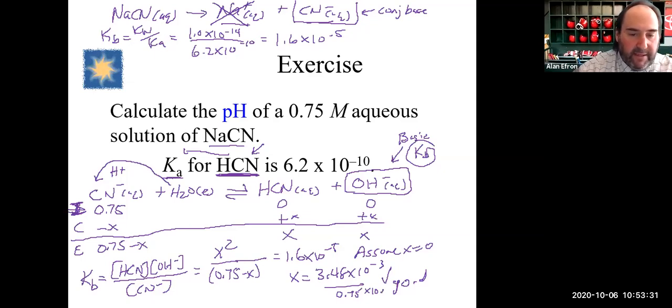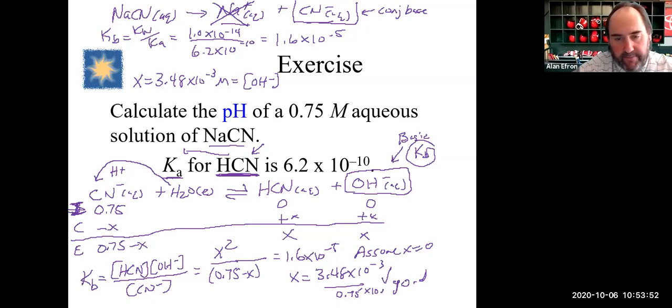At that point, that means that our x value here, which is 3.48 times 10 to the minus 3 molar, equals our hydroxide concentration. So again, that is going to allow you to calculate the pOH and not the pH directly here.